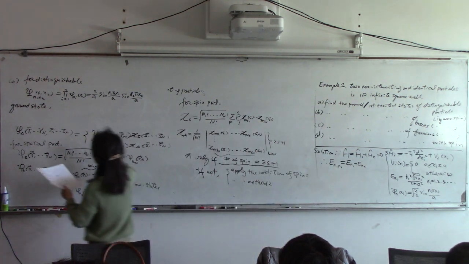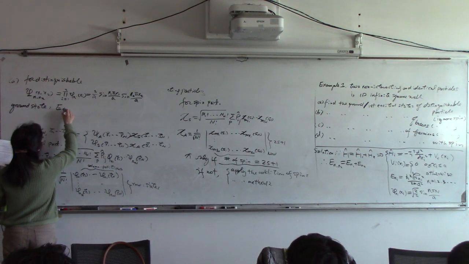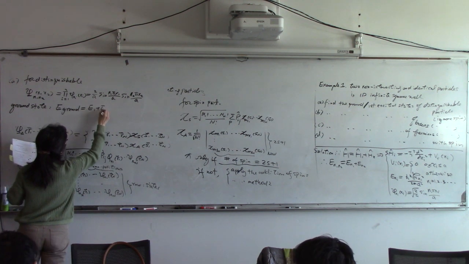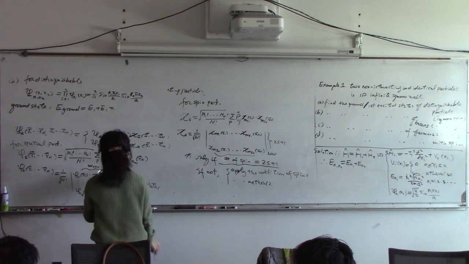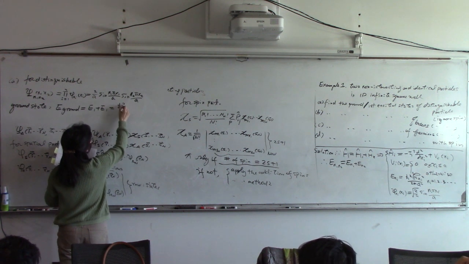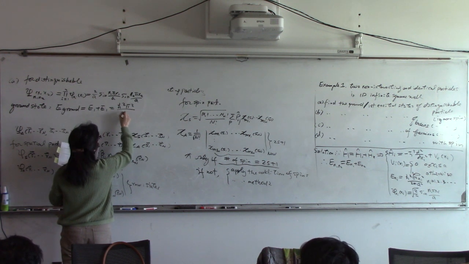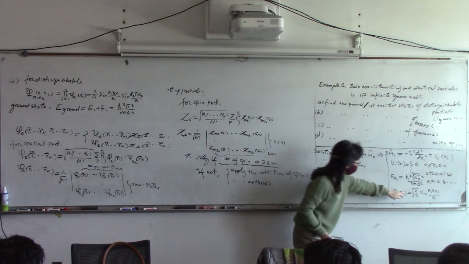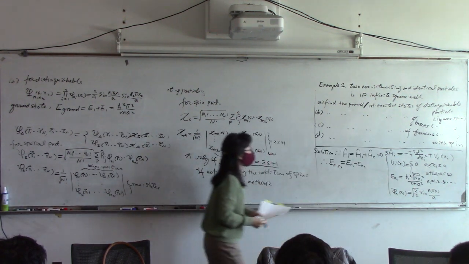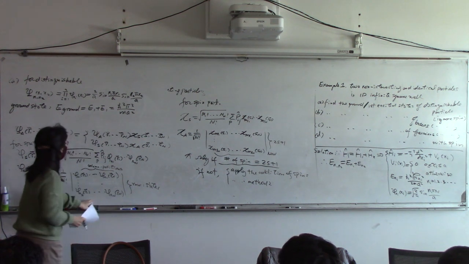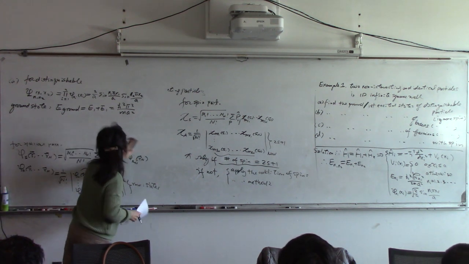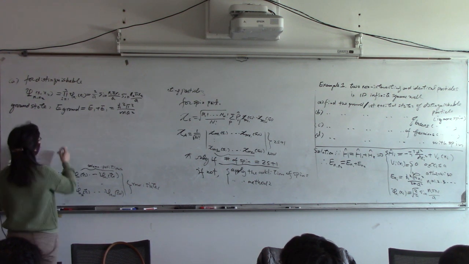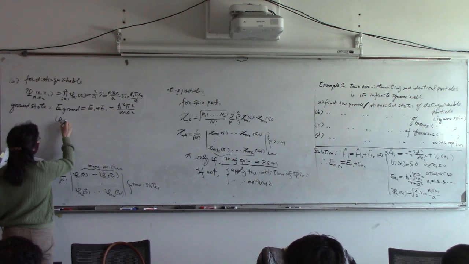Then that is E_11 equal to E_1 plus E_1, and that is, if you want the number, pi squared h bar squared over m a squared, because this factor 2 just cancels. That is the ground state energy and the ground state psi_11.